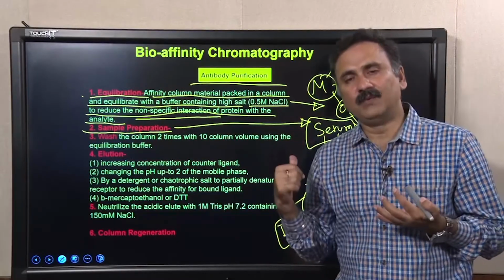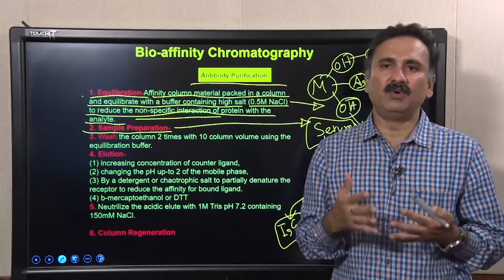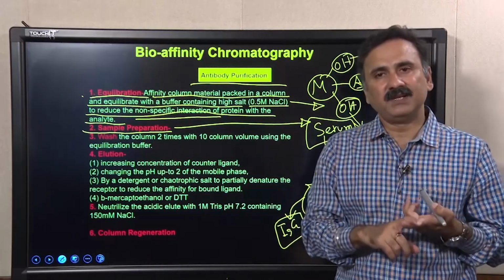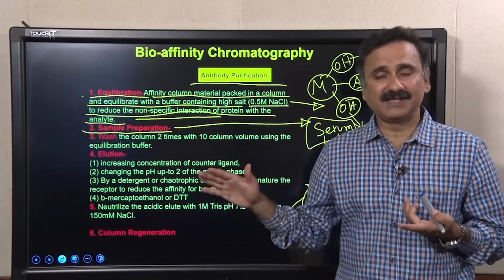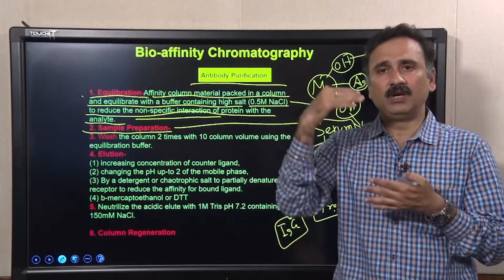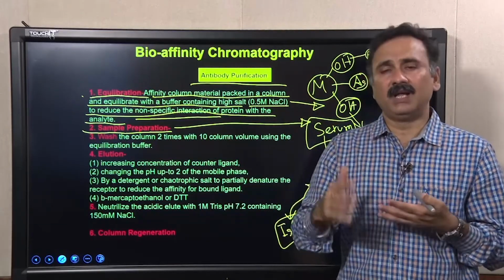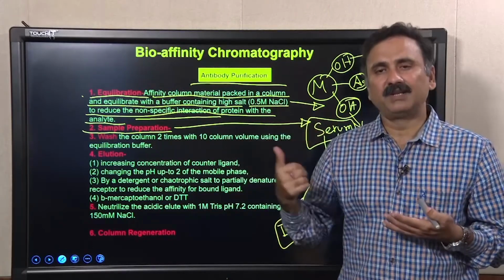So, if you go through this process of ammonium sulphate fractionation of your serum, in the first step you are going to remove the lipids, which would interfere in the purification step, because they reduce the flow rate and non-specifically bind to the matrix.